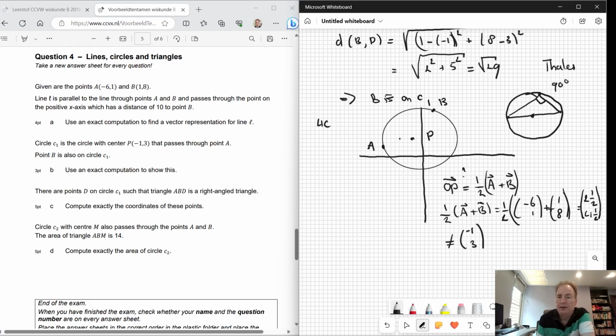So the center is somewhere here, with different x and y, and this should be a negative sign. So the midpoint of A and B is somewhere above and to the right of the center.